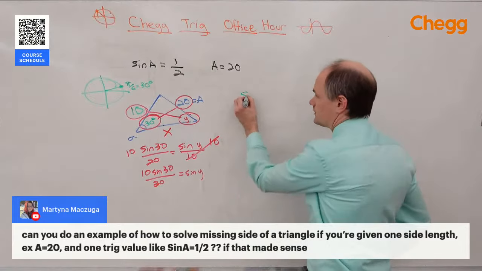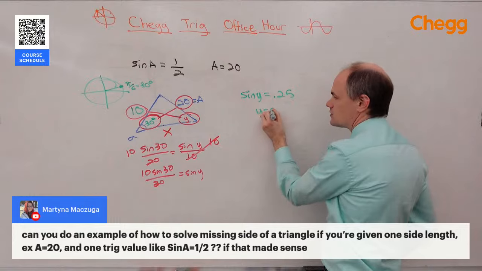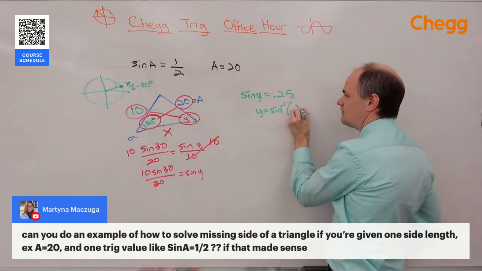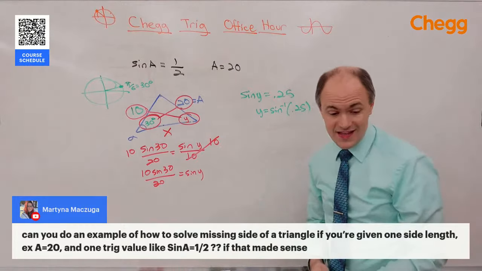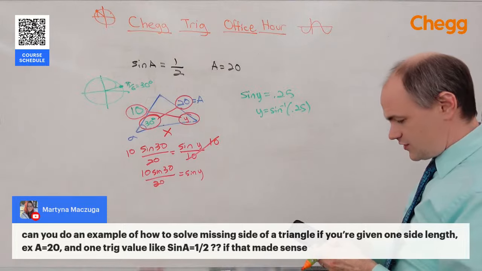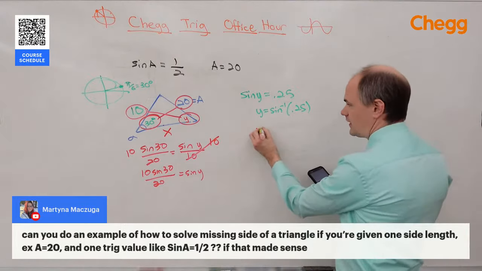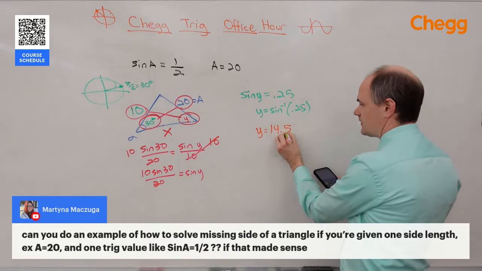So the sine of y is equal to 0.25, which means y is going to be the sine inverse of that 0.25, undoing that sine operation. So if I do the sine inverse of 0.25, I find out angle y is actually 14.5 degrees.